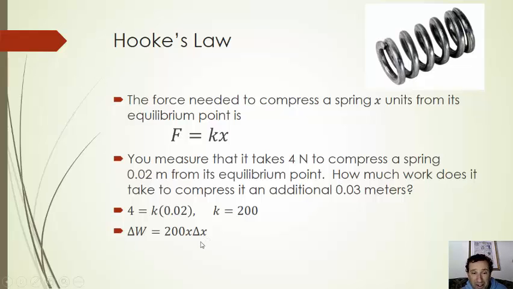So I don't want delta W, I want the total amount of work. Well, if we know how much little work in terms of delta x, and if I want to add up all the little tiny pieces of work, then hopefully you know by now, that's an integral.